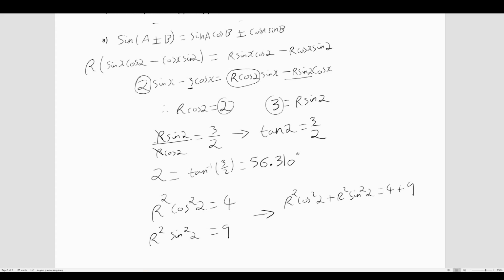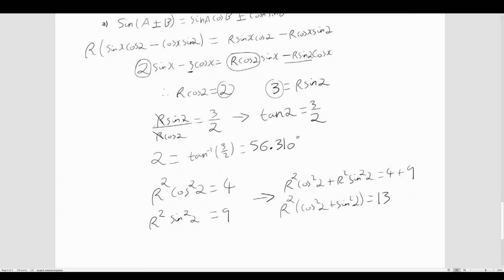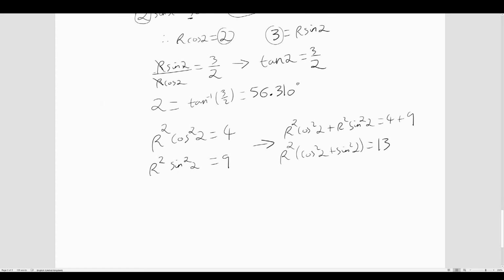I'm going to take out a factor of r squared on the left, giving me r squared times (cos squared alpha plus sine squared alpha) is equal to 13. Then I've got to remember that cos squared alpha plus sine squared alpha is 1. So r squared times 1 is 13, which just means r squared is 13.